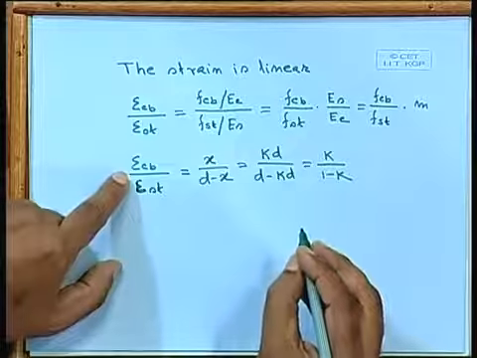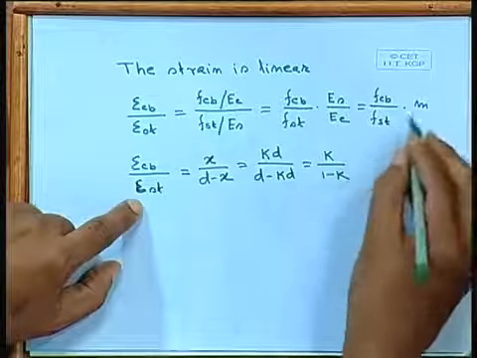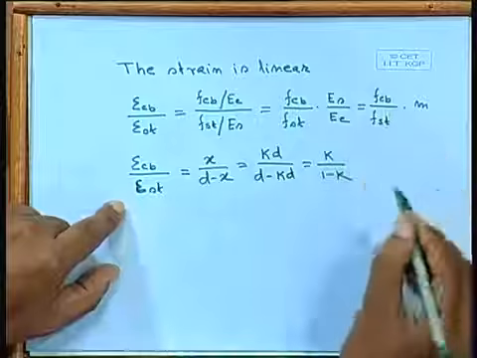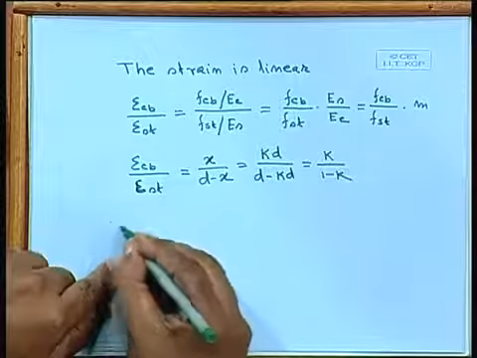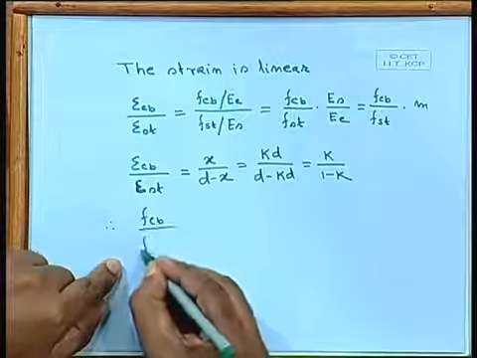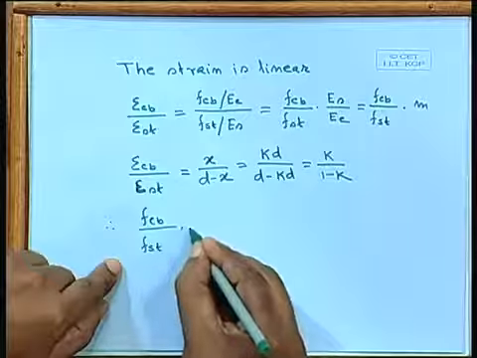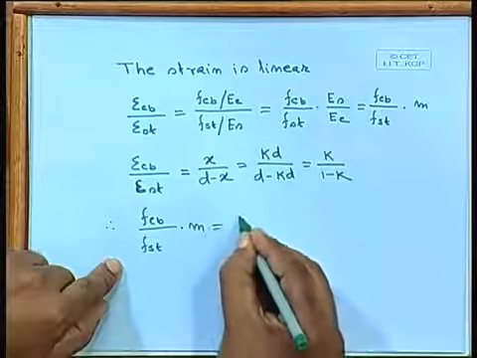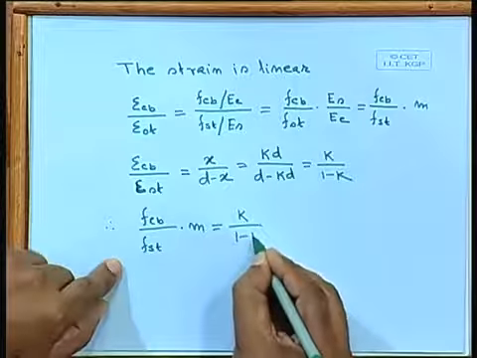Now, epsilon_cb by epsilon_st equal to F_cb by F_st times m. So, we can write F_cb by F_st times m equal to k by 1 minus k.